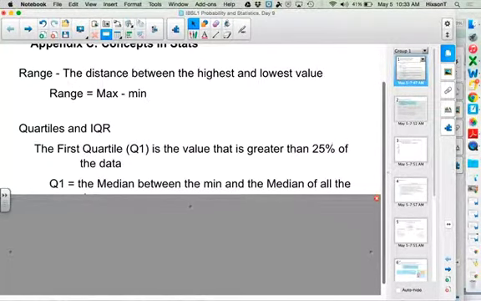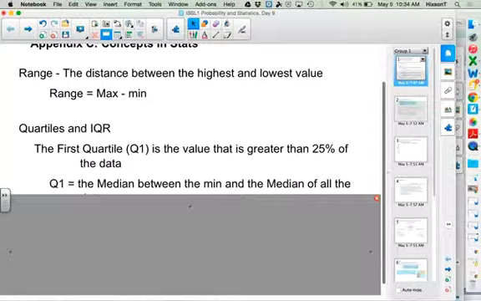Now, how do we find this quartile? I told you that this was all related back to the median. Well, the first quartile is the median between the min and the median of all of the data.